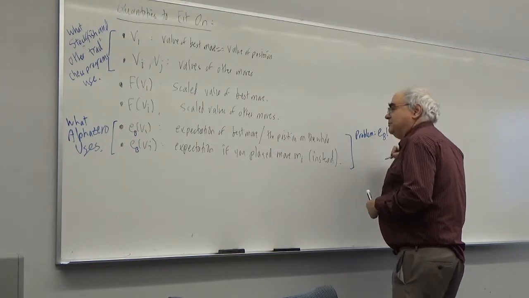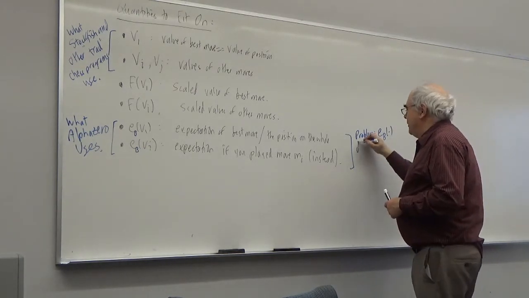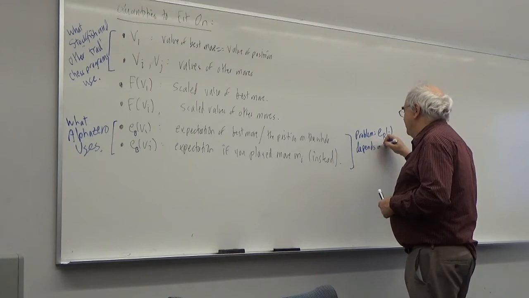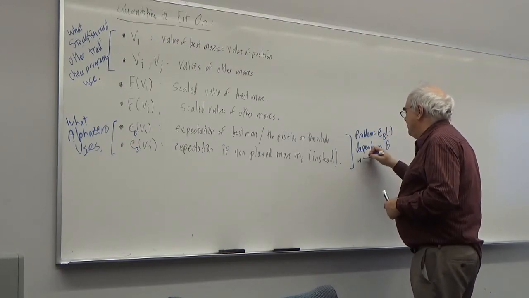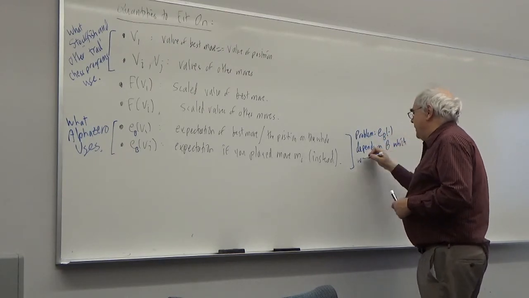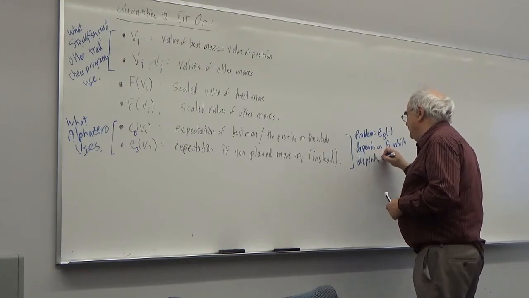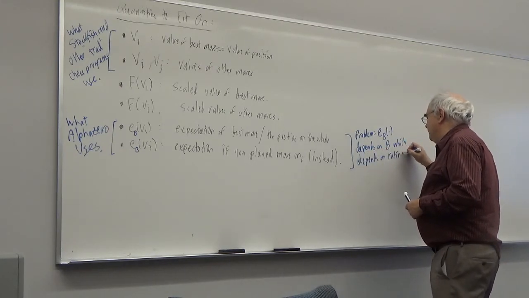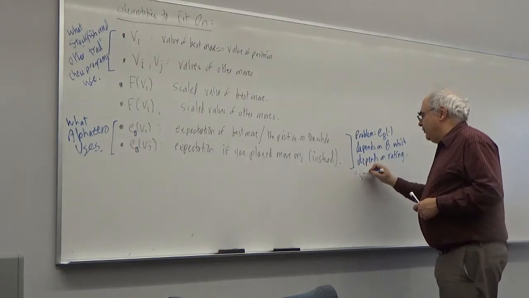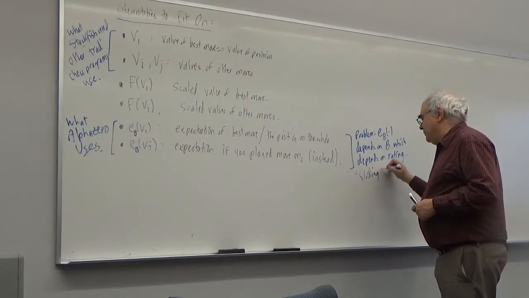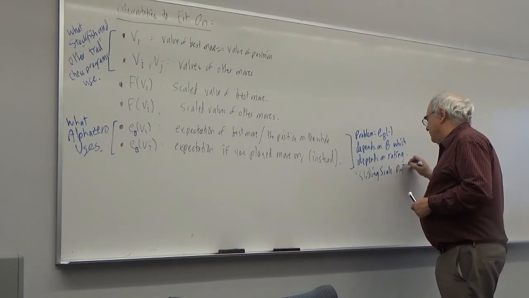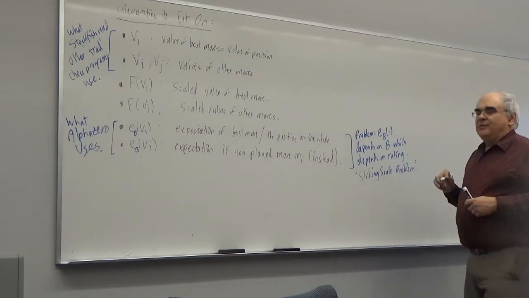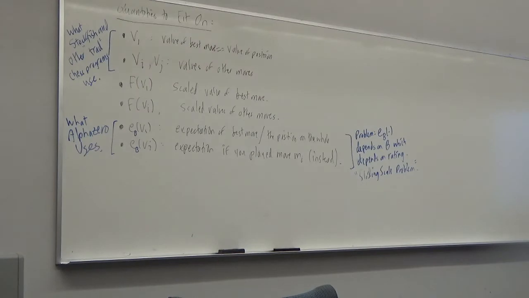Okay. Problem, E of V depends on B, which depends on the rating. Okay, so this is what I've been calling the sliding scale problem. And maybe we should fix the B that goes with a player rated 2,000, or maybe we should fix the B that goes with a player rated 1,500.